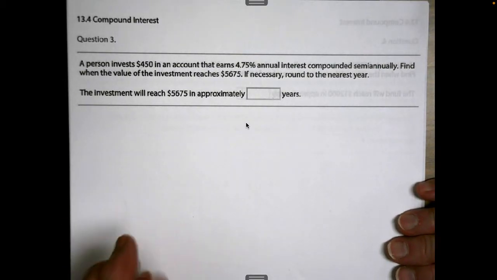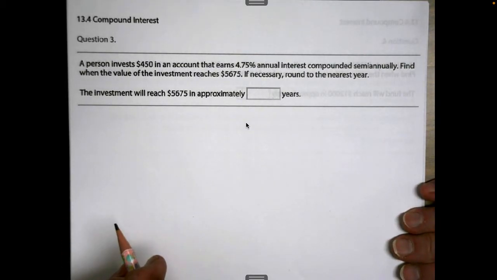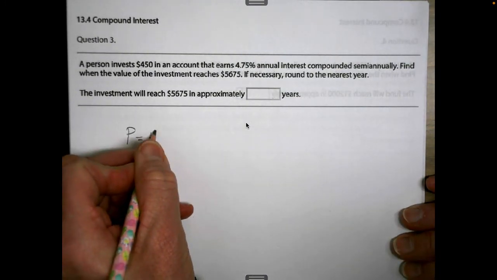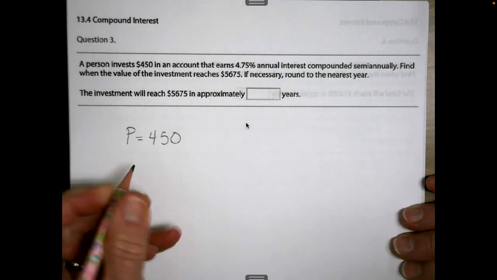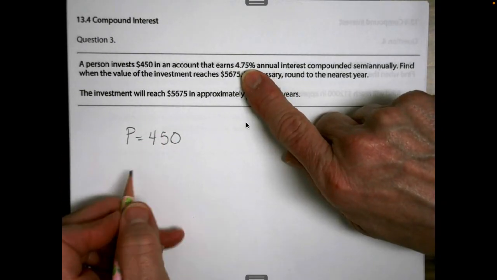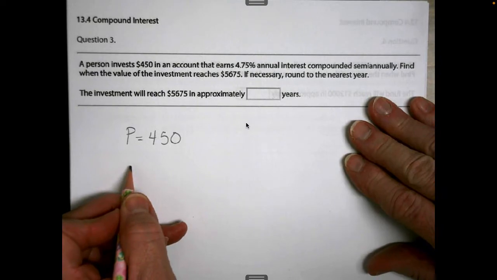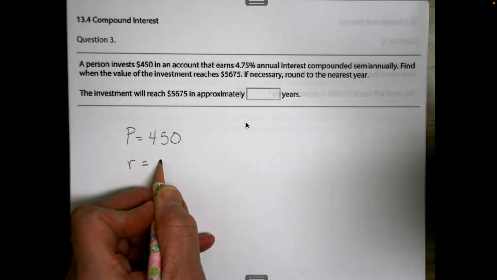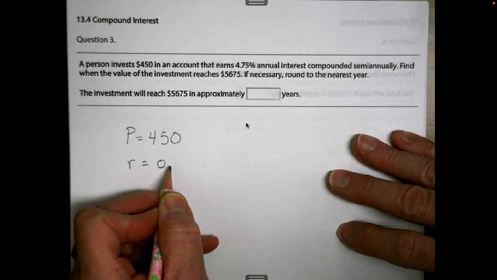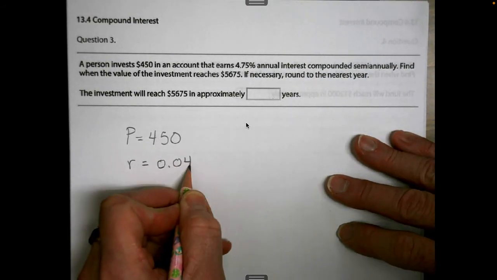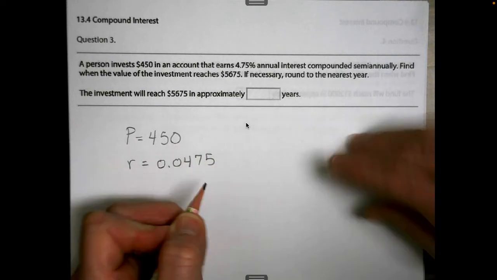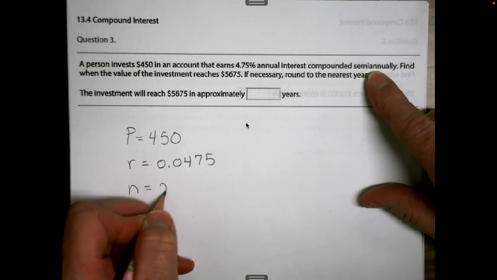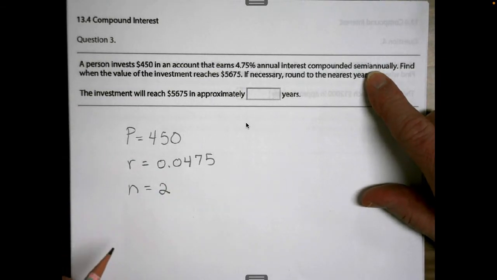Be careful. A person invests $450 in an account that earns 4 7/75% annual interest rate. I made up my own words. Compounded semi-annually. So this one's a little trickier. It's got twice a year.